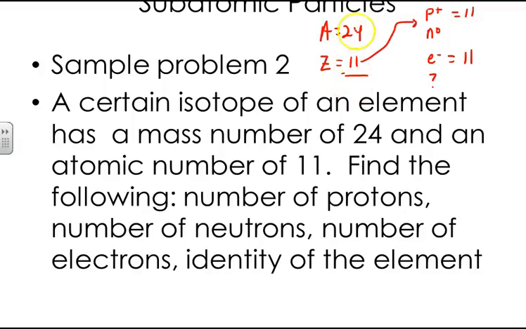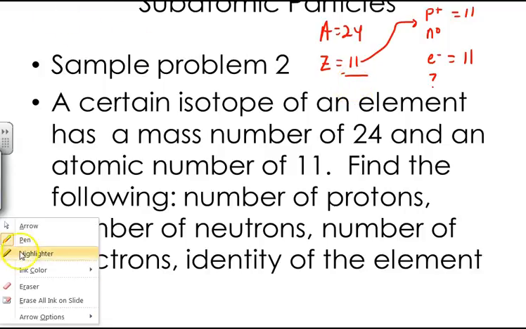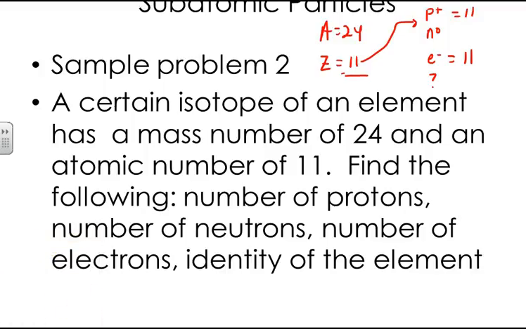So this is going to be 24 minus 11, and 24 minus 11 is 13. And our identity of the element, we look at the atomic number 11, find that on the periodic table, and that is going to be sodium. So the best symbol for this would be Na, and 24 and 11.